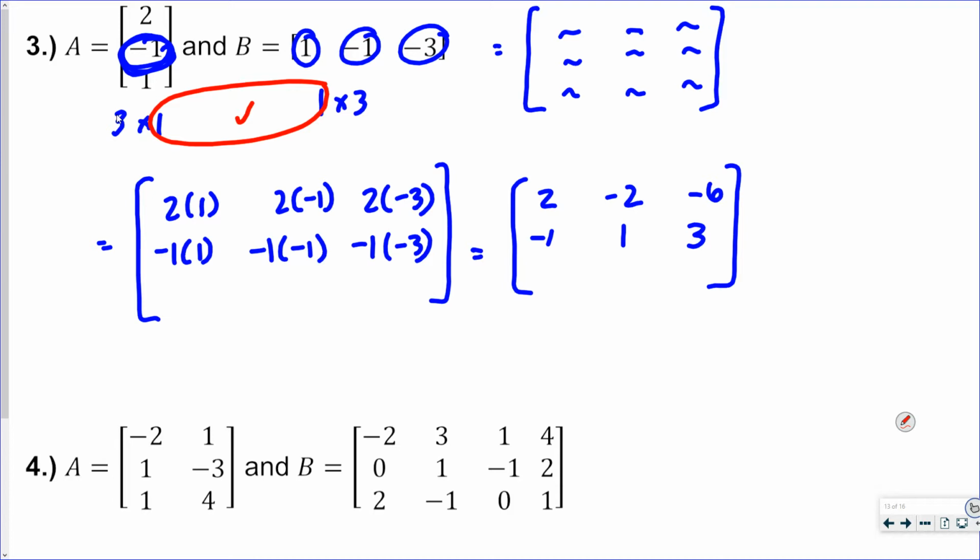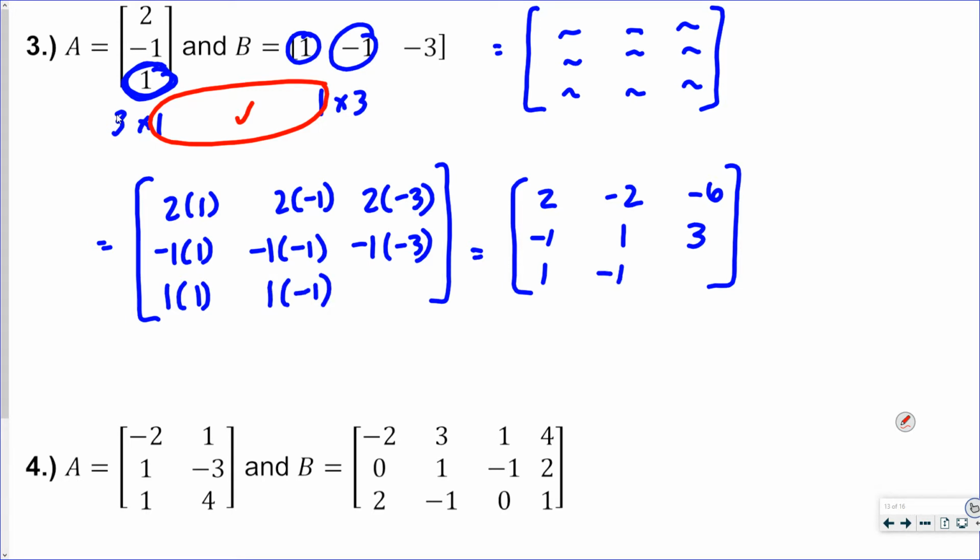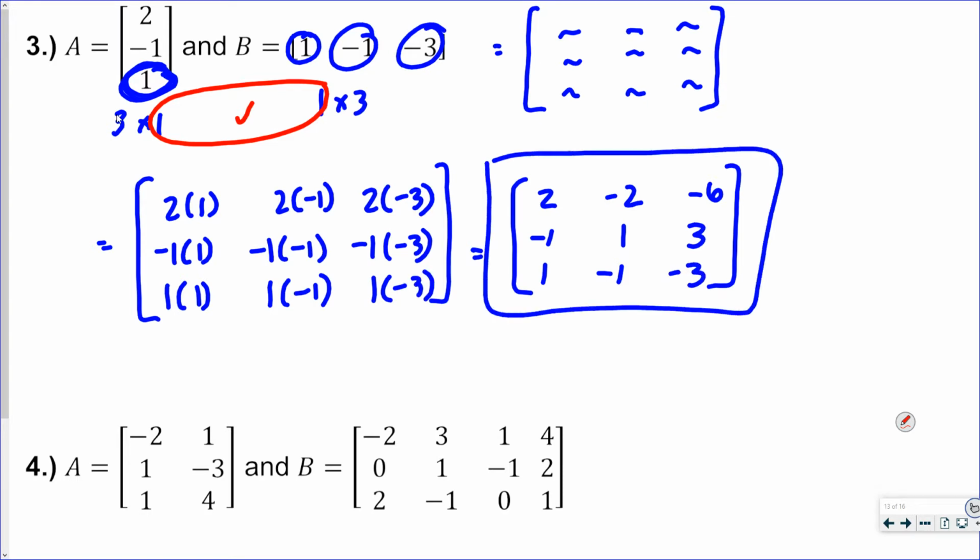Now I'm in row 3, so this spot, row 3, column 1. Row 3, column 2. Row 3, column 3. There's A times B.